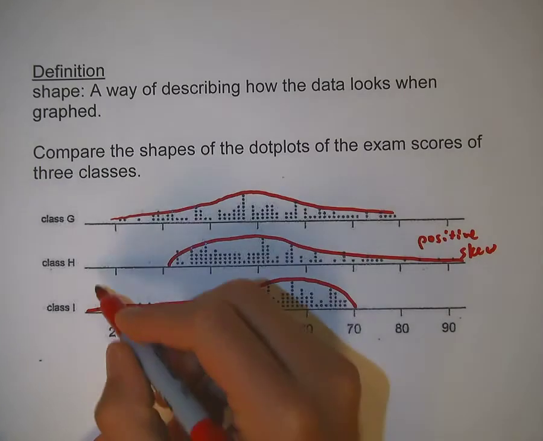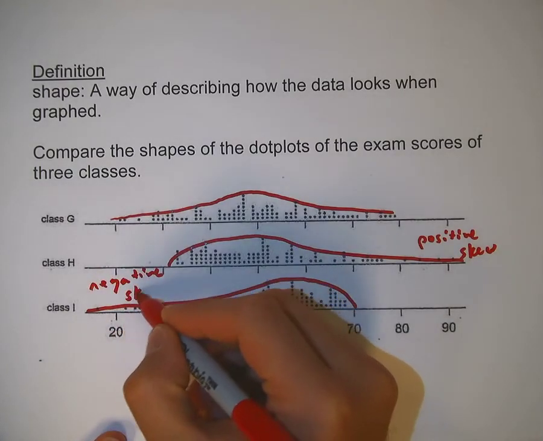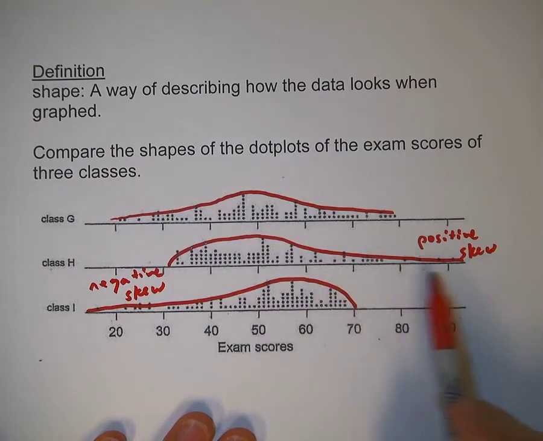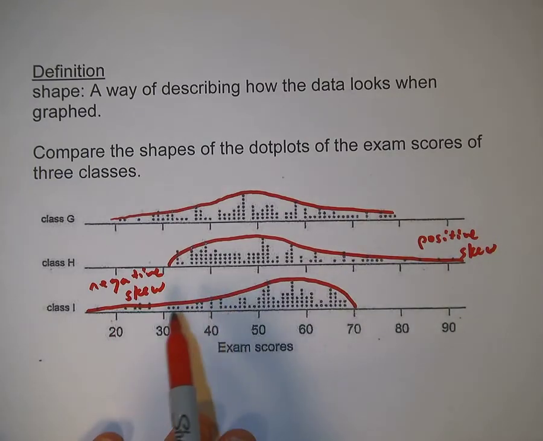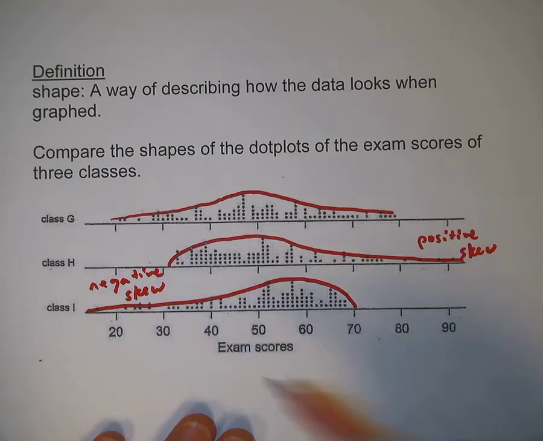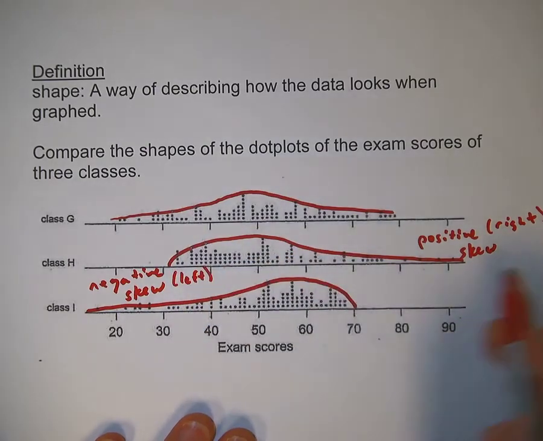This distribution here has a negative skew. Positive because the tail values are more towards the positive end, and this one is negative because the tail goes toward the more negative values. Again, this is sometimes known as a right skew, and this is sometimes known as a left skew. Right versus left.